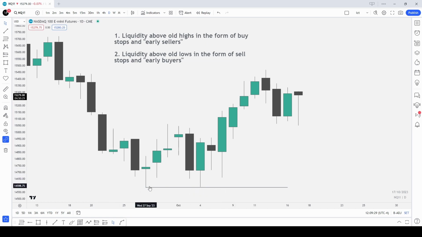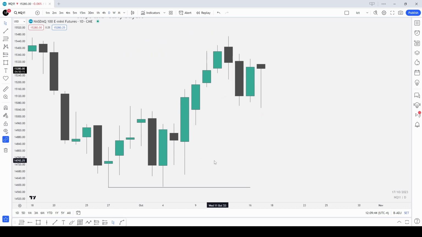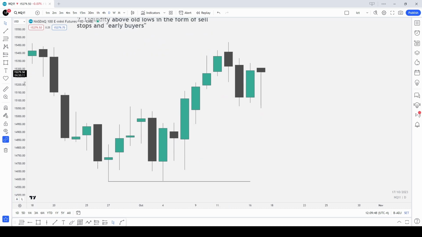They see this as an area of price which shouldn't be traded down into. Whereas with ICT's logic of liquidity, we know that their stop losses lie under these lows because they see it as support, and we also know that their sell stops lie below here.